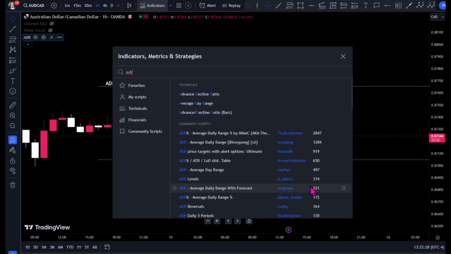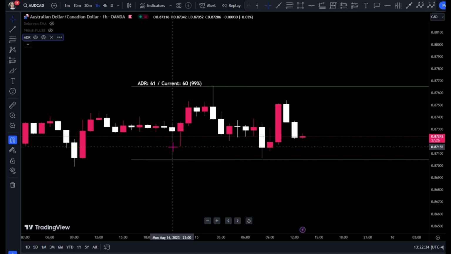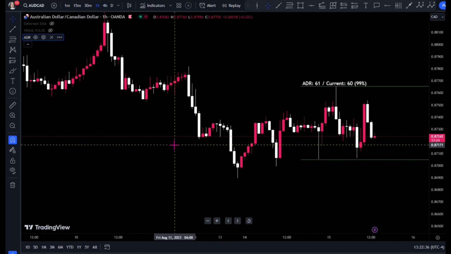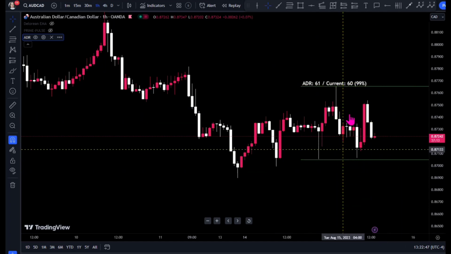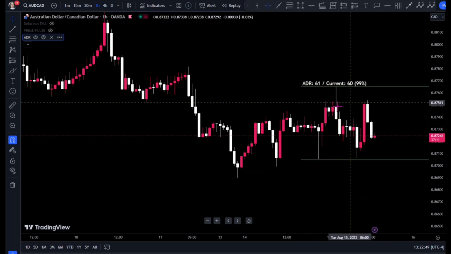It's only 221 people using it. I do like this one because of the forecast, because y'all know how we mark up charts with fibs and things like that. It gives you some confluence or confirming information when you see these horizontal lines on the chart as well, based on what your fib levels are.